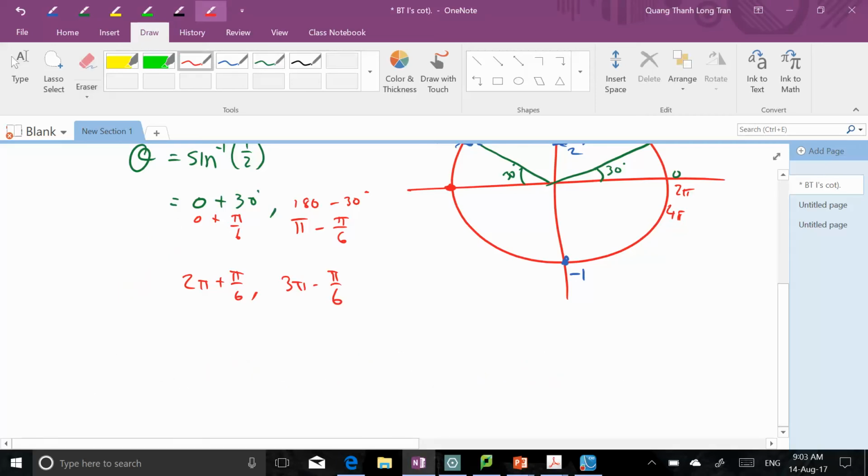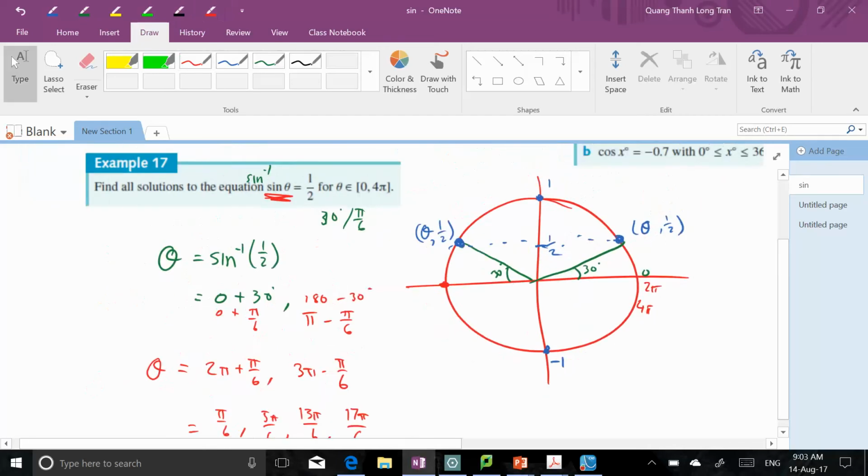And you're asking, well, what angles are they? In radians, our final angles were 0 plus pi on 6, which is pi on 6. We had pi minus pi on 6, which is 5 pi on 6. We have 2 pi plus pi on 6, which is 13 pi on 6. And we finally have 18 minus 1, which is 17 pi on 6. These are the angles starting from 0.